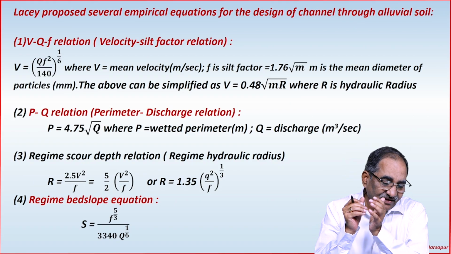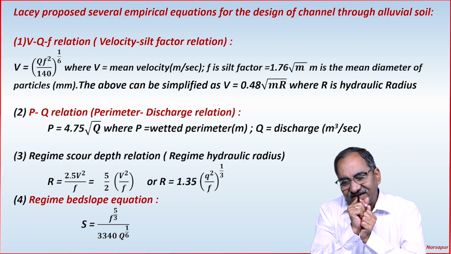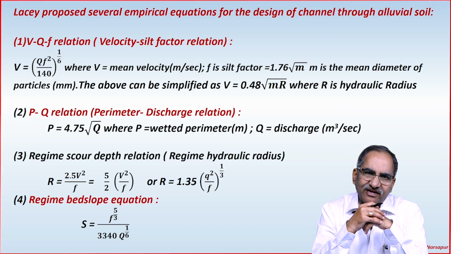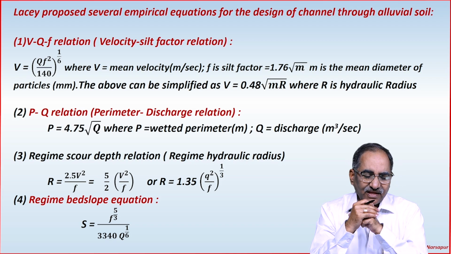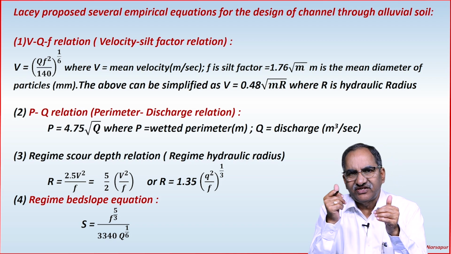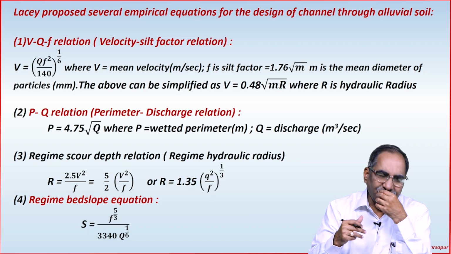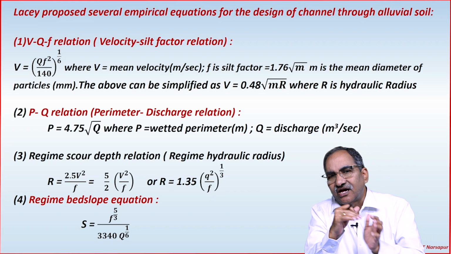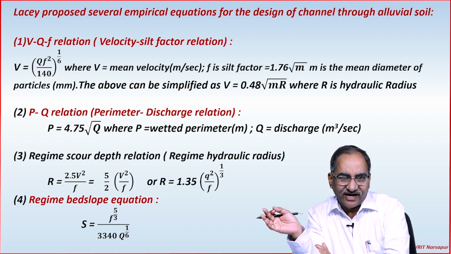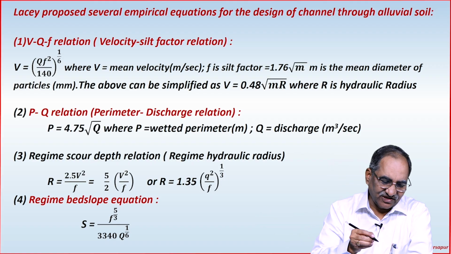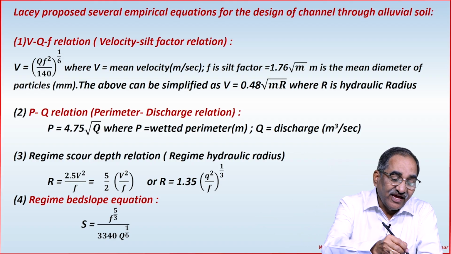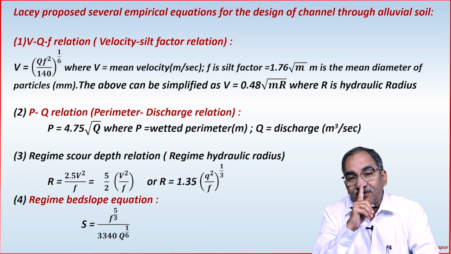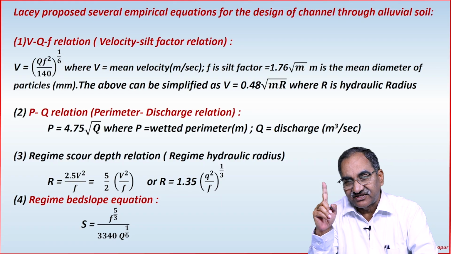Lacey proposed four equations for designing a channel in alluvial soil. So he has given his own equations. He derived these equations, but we take these equations and use them for solving problems related to the design of channels. So what is the first thing? He mentioned the velocity depends on the silt factor.